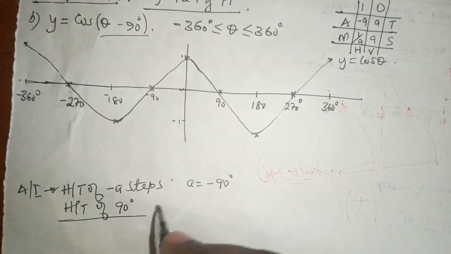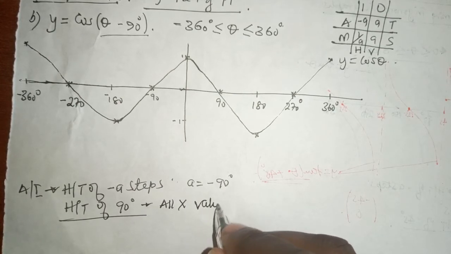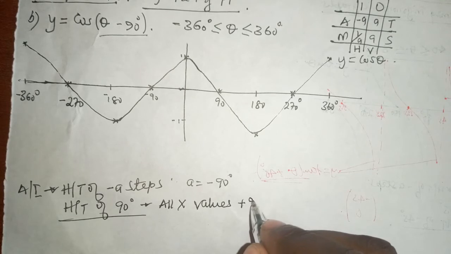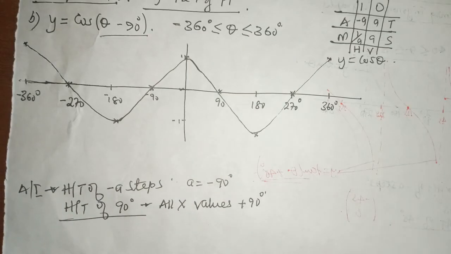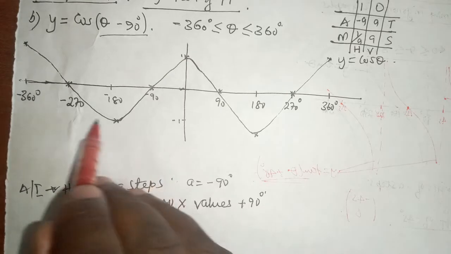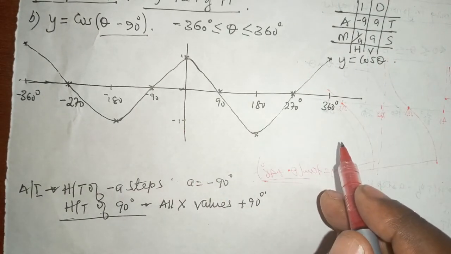It means all x values plus 90 degrees. What does this mean? That the graph pushes to the right 90 degrees.